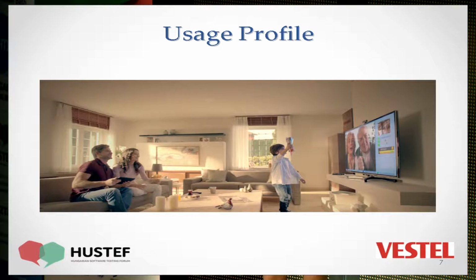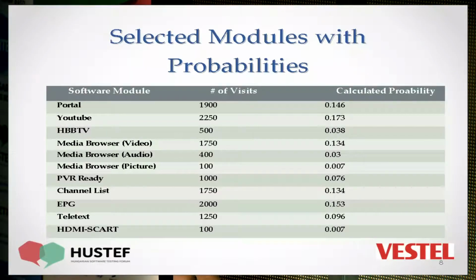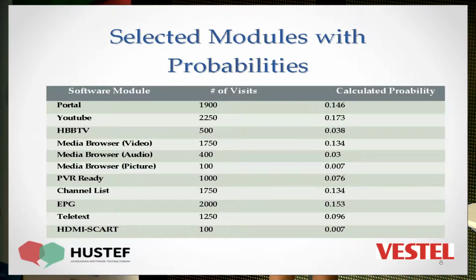After analyzing this, we made this table. You can see the modules that are mostly visited by the users. After analyzing the total number of visits with their features, we calculated some probability values based on the visited modules.